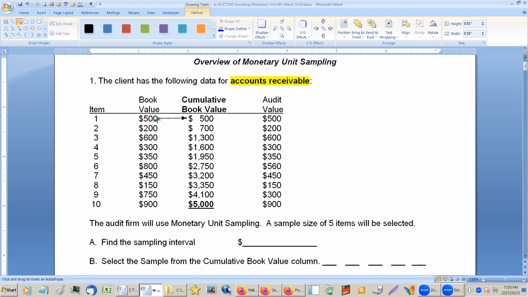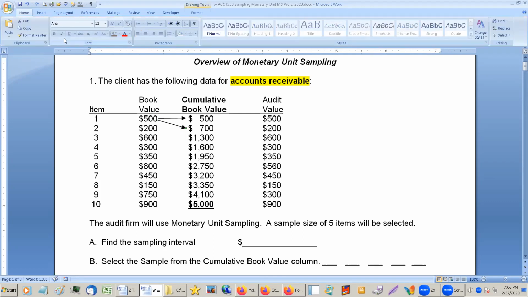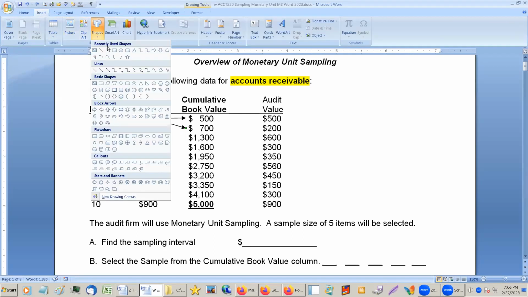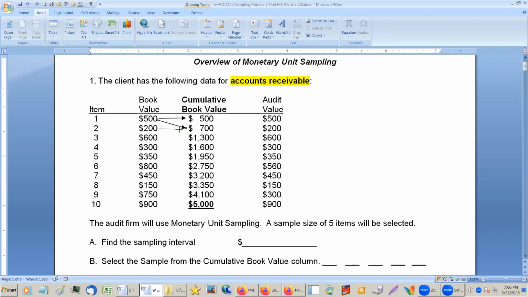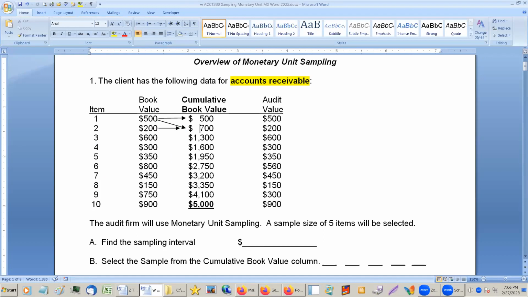The second one is adding them both up, so 500 plus the second one, 200. It's just a running total, and then 600, 700 plus 600. So this is just a cumulative total. The total amount that they have for their accounts receivable is 5,000. And we're going to pick a sample size of 5.